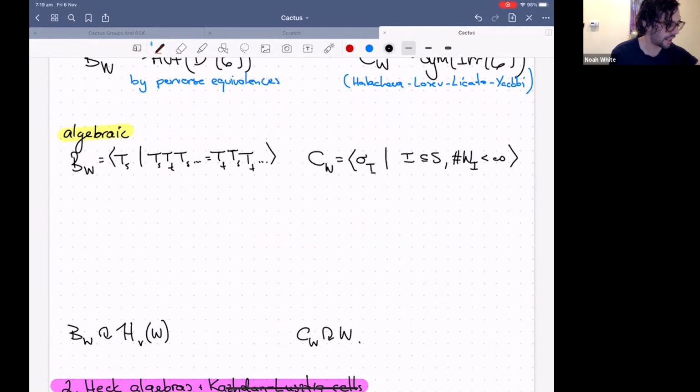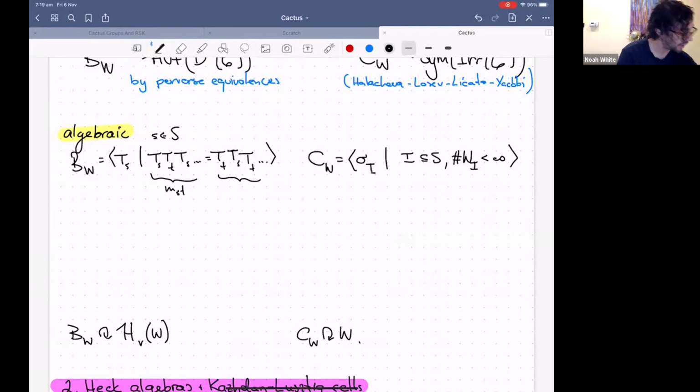Okay, so first of all, what is the braid group? The braid group has a presentation like this. It's got a generator for every generator of the Coxeter group, and the relations are simply the relations of the Coxeter group, except we forget the fact that the generators are involutions. So you just have the braid relation, with m_st factors, and the same here.